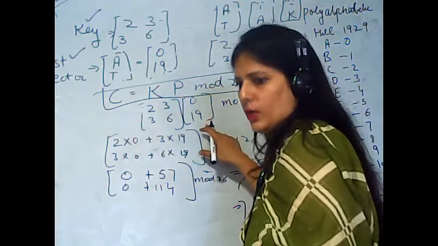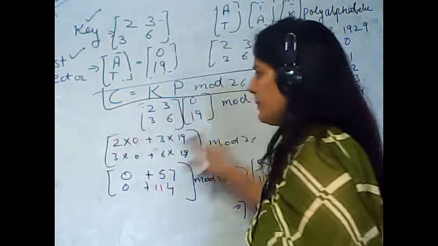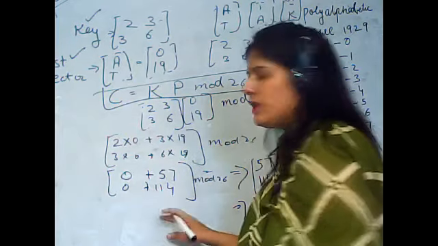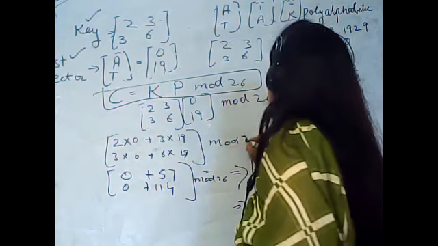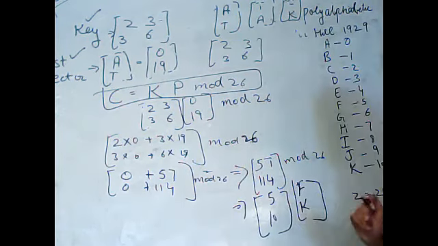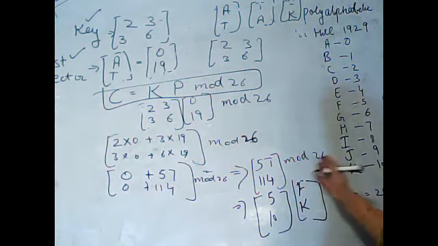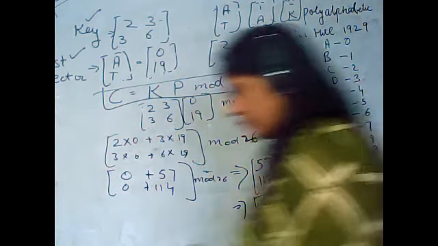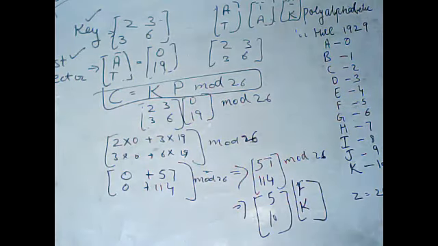I will perform all those calculations, and finally, by doing this mod 26, I will get this particular value. After the calculation with mod 26, the values I get are 5 and 10, and according to the corresponding values, that is F and K.